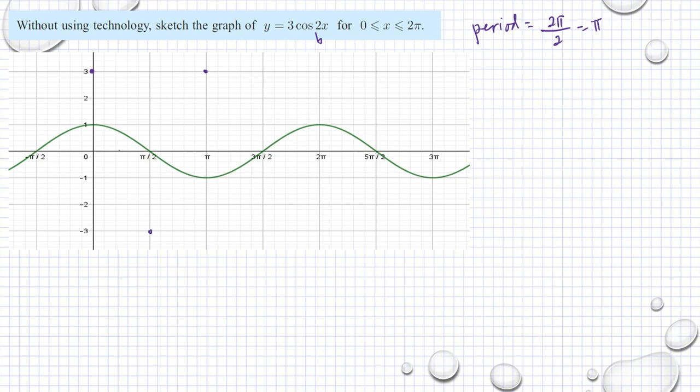When it is pi over 4, and 3 pi over 4, then it should be 0 there. And it should continue until 2 pi. So once again, here is the highest, here is the lowest. Here is 0, here is 0.